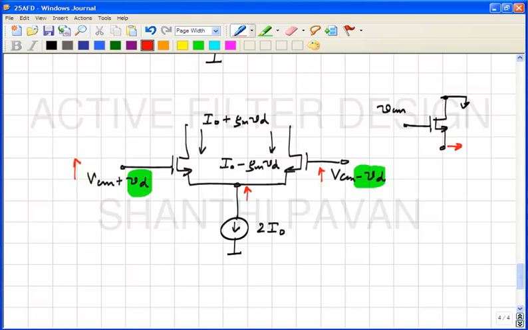Vivin, what is the incremental source voltage? This is the common mode incremental equivalent.